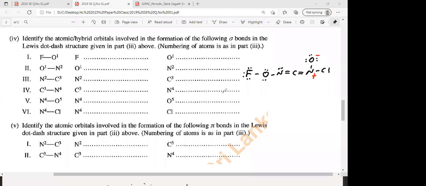So I'll label the atoms 1, 2, 3, 4 and 5.